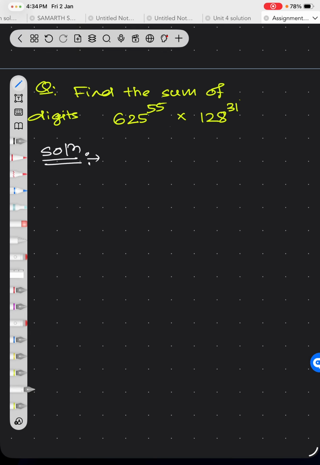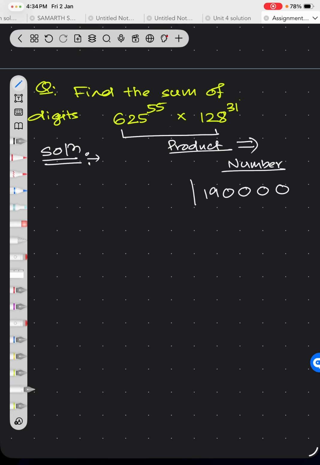The intuition behind the problem is that we are going to transform this product to a number which may be smaller or bigger, consisting of many zeros. Suppose the number is 19, then we see how many zeros are present after 19.